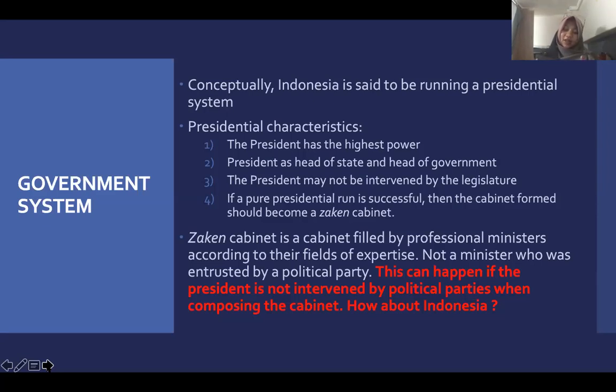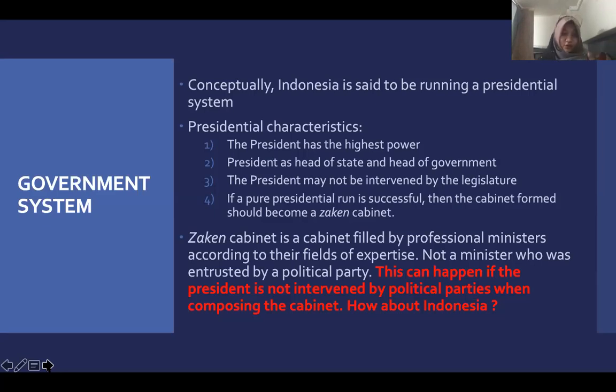If people give power or support to the president, the president should also give the cake, even only a piece, to the people who already supported. That is why Indonesia still has many problems with the presidential system, because we still have many interventions from political parties, especially on the president.